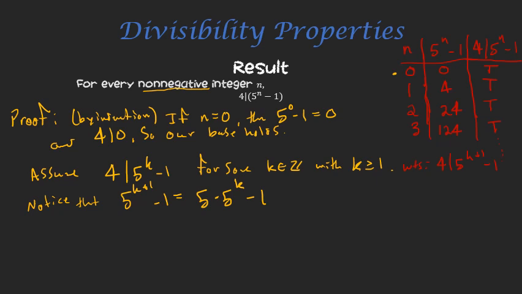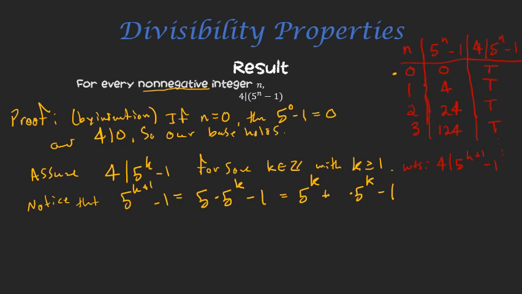So what I'm going to do here is split this up. I have 5 to the k's, and I just want to pick out 4 of them. Actually, I want to do the opposite, because I'd like to use my induction hypothesis that 4 divides 5 to the k minus 1.